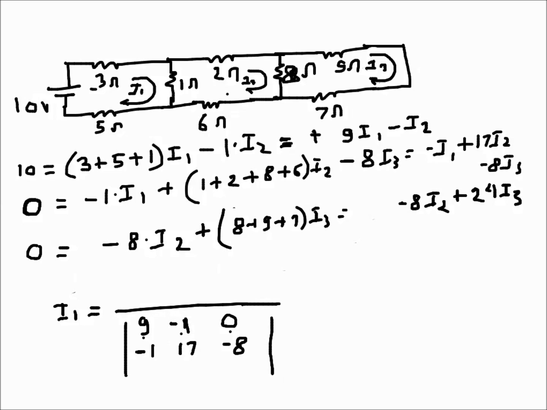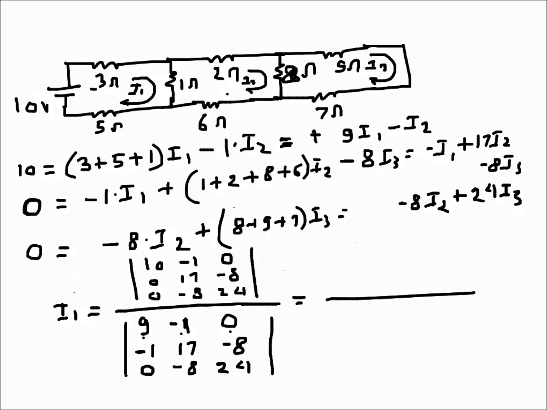For the third equation, the coefficient of I1 is 0, then negative 8 and 24. For the numerator, since this is I1, the left hand side EMFs come in the first column, and the other two remain the same. So 0 and minus 8, 24 here.